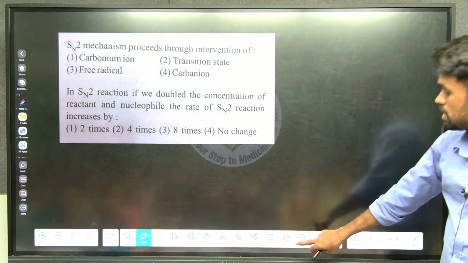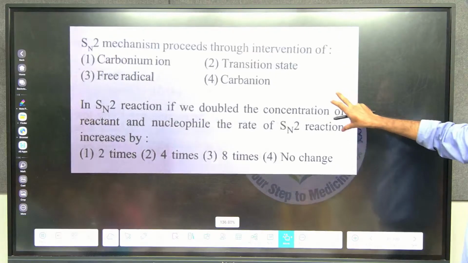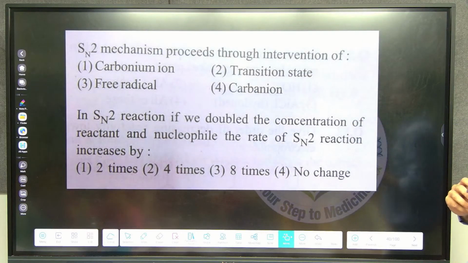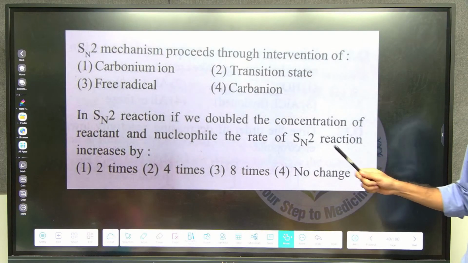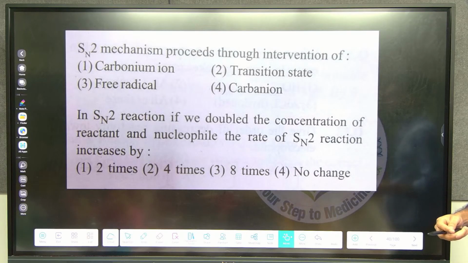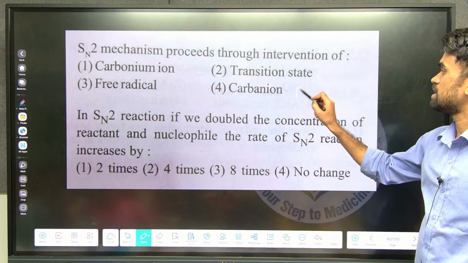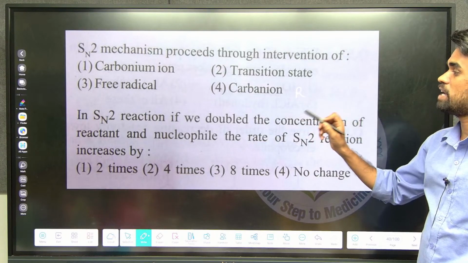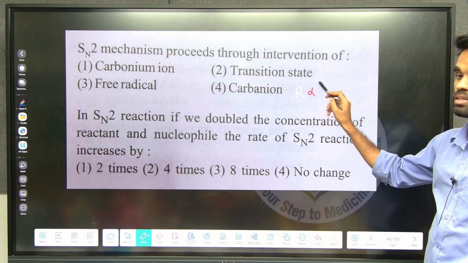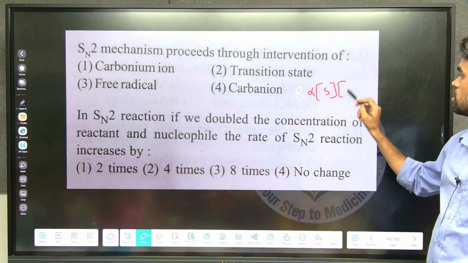Answer me this one. Second one. See, what are they saying? Rate. SN2 reaction means rate depends on what? Substrate and nucleophile.